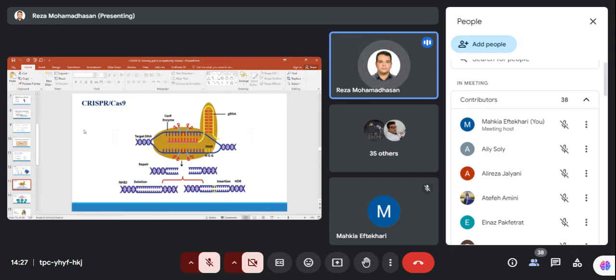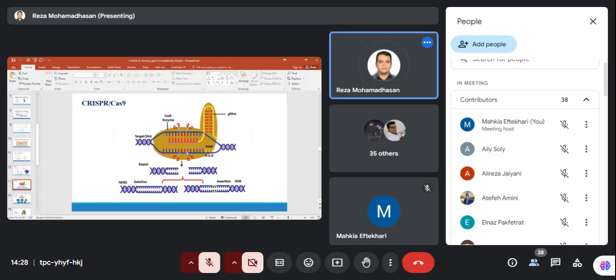When the whole complex is assembled, the sgRNA finds the PAM sequence here, and the next step is cleaving the target DNA.